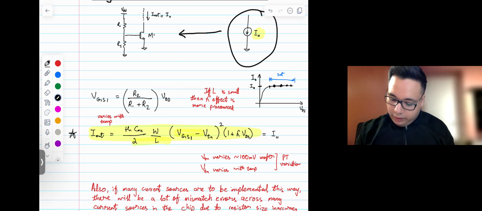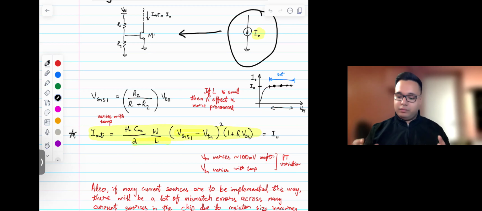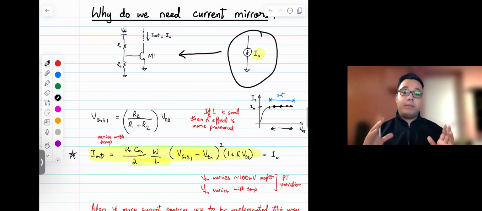So what we see from this graph is that VDS can change, and as long as the M1 transistor is in saturation, my output current of this circuit would still remain I naught.